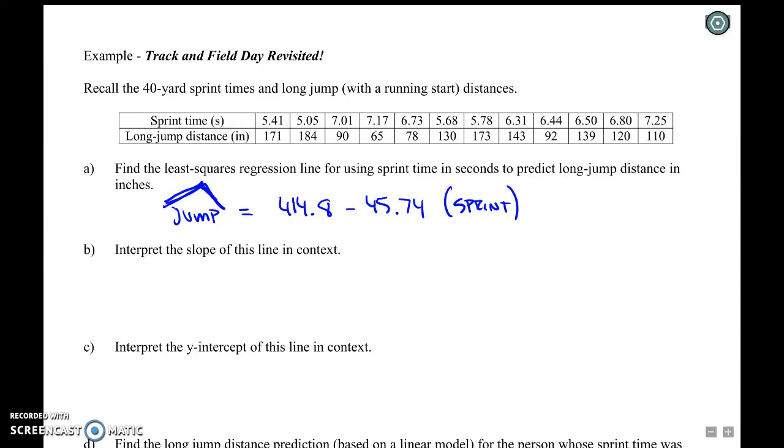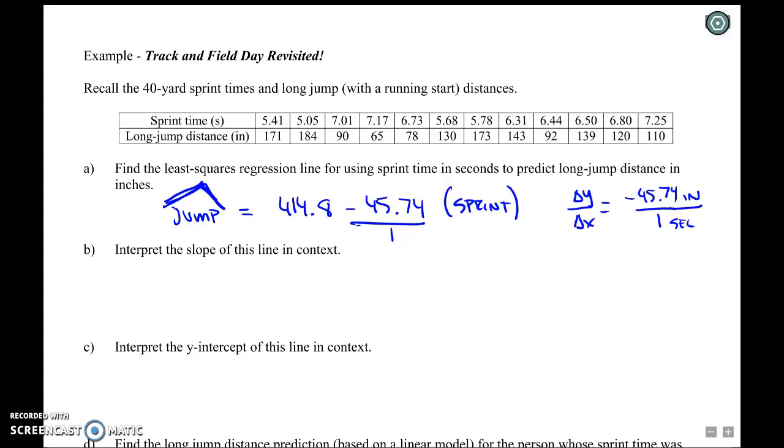Interpret the slope. So what is the slope? Remember, slope is change in y over change in x. So my change in y over change in x is negative 45.74 over 1. My y's were long jump distance, so that's in inches. My x's were sprint times in seconds.